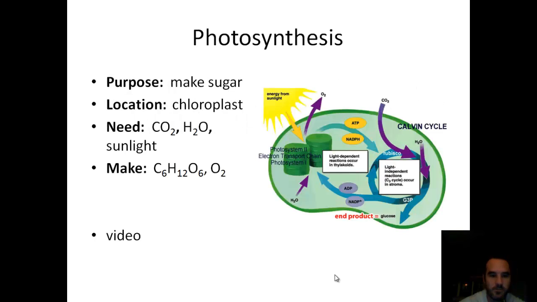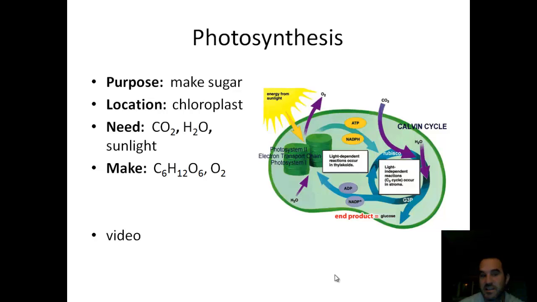So let's just look at an overview. The purpose of it is to make sugar, those high energy carbohydrates for the plant. It happens in the chloroplast. You need CO2, water, and sunlight for it to start, and you're going to make C6H12O6, so glucose, and you're going to make oxygen.